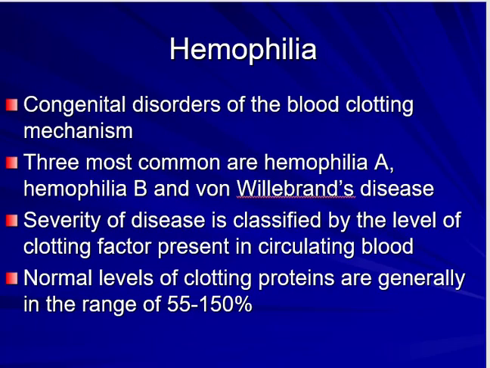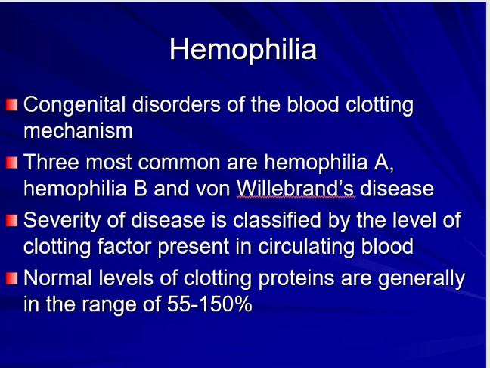So we just looked at platelet problems, platelets being an important part of clotting. Now we're going to look at a disease process called hemophilia. Hemophilia is a process with the clotting factors. There are 3 congenital disorders of blood clotting that we're going to look at: Hemophilia A, Hemophilia B, and von Willebrand's disease.